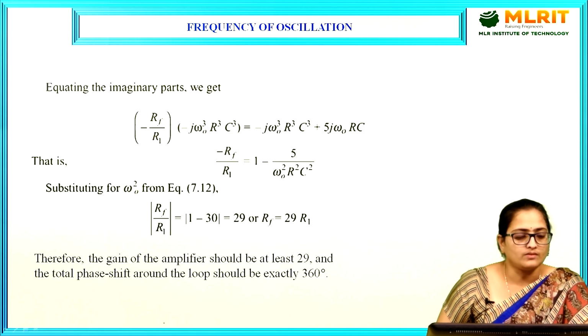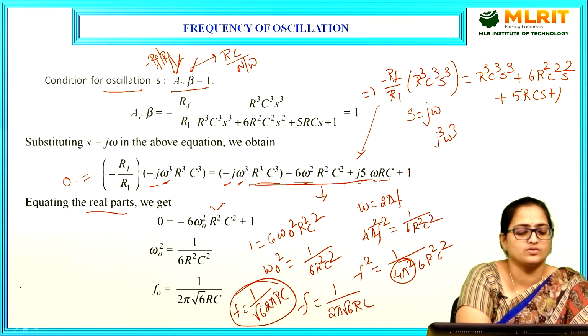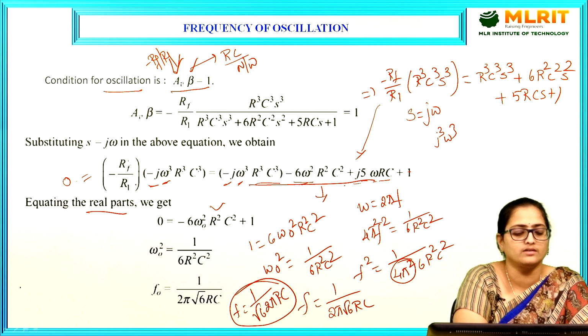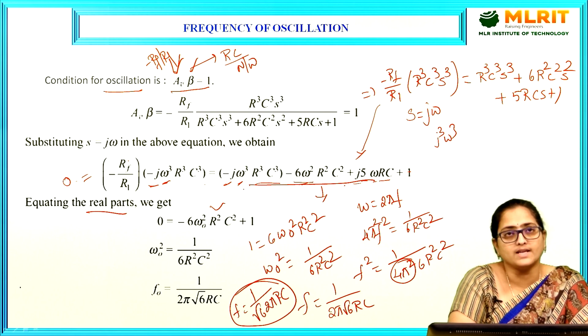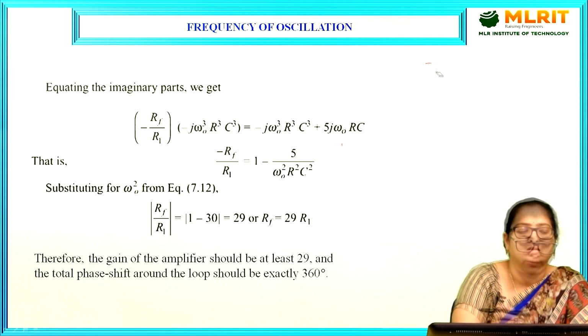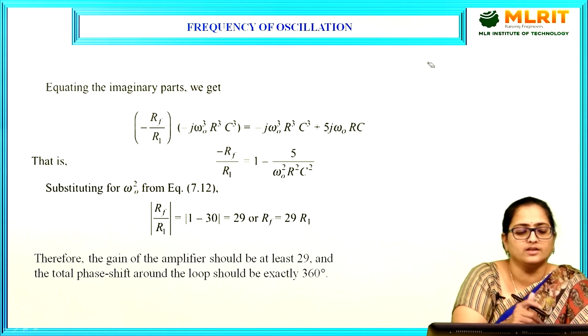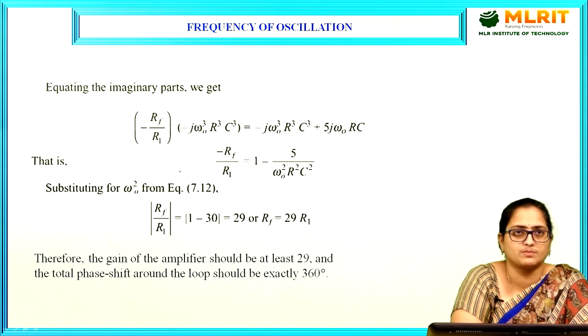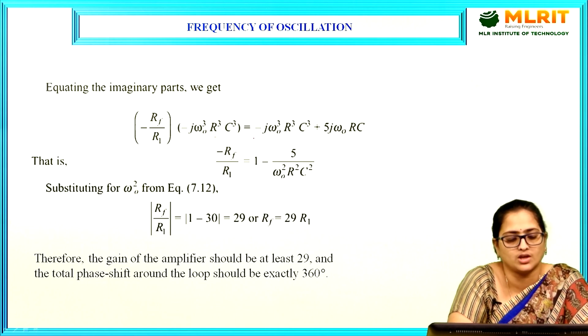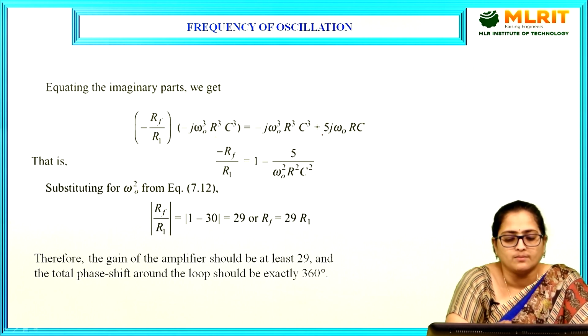Now we'll compare only the imaginary parts. If you compare the imaginary parts, you will get minus RF by R1 into minus J omega cube R cube C cube is equal to minus J omega cube R cube C cube plus J 5 omega RC. Here, by equating the imaginary parts, you can rewrite this expression as minus RF by R1 into minus J omega naught cube R cube C cube is equal to minus J omega cube R cube C cube plus 5 J omega naught RC.